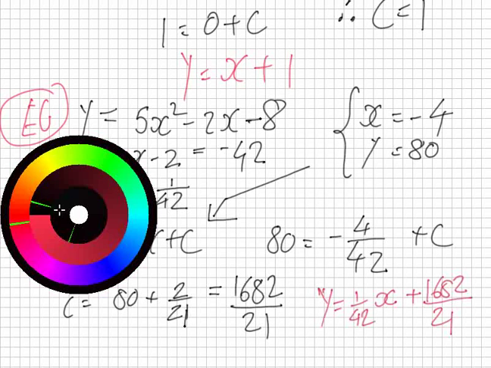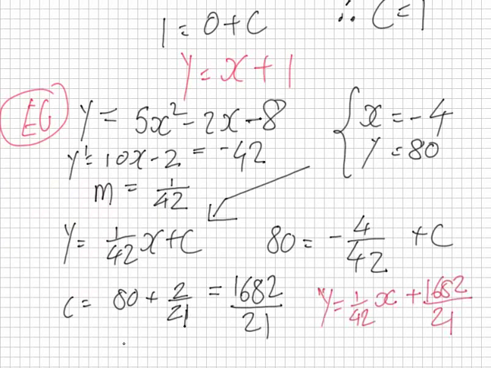But I got 80. Where? For what? You got 1682 over 4. Show me where. But you know that's wrong.